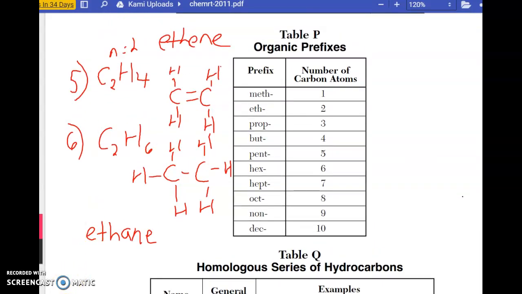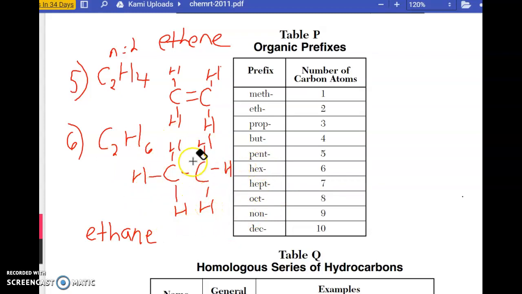Just to quickly quiz you on saturated or unsaturated, which molecule is saturated? Is it ethane or is it ethene? The saturated hydrocarbon is ethane because it is full of hydrogens. It is fully saturated.